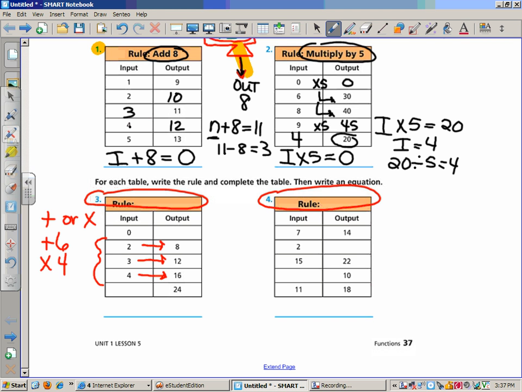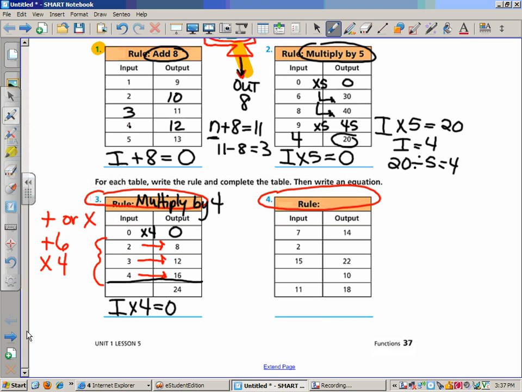Does 4 times 4 equal 16? It does. So my rule then is multiply by 4. So that's going to be input times 4 equals your output. So I'd be able to figure out 0 goes in, times it by 4, the output is 0.